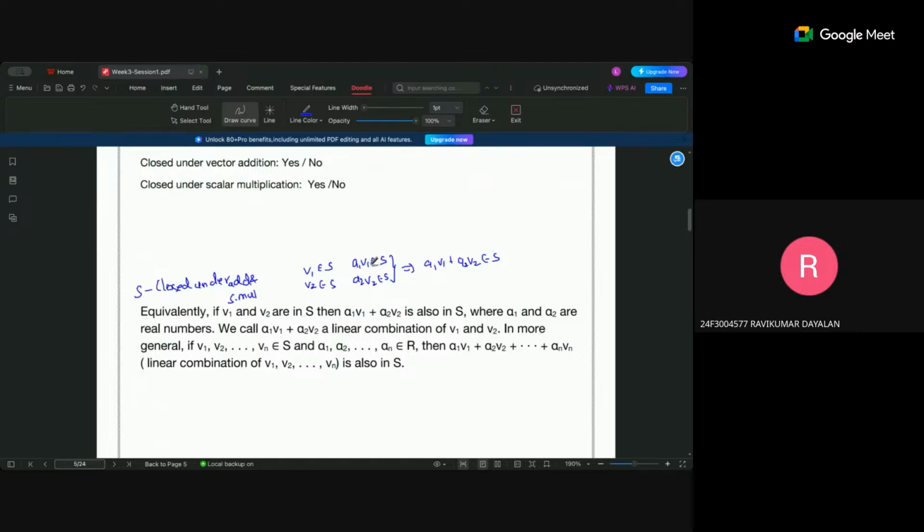This is scalar multiplication, this is vector addition, and together whatever we get here is called a linear combination of v1 and v2. Suppose we have more vectors, then you consider a1 v1 plus a2 v2 plus and so on up to an vn. Then this is a linear combination of the vectors v1, v2, ..., vn, where a1, a2, ..., an are all scalars.